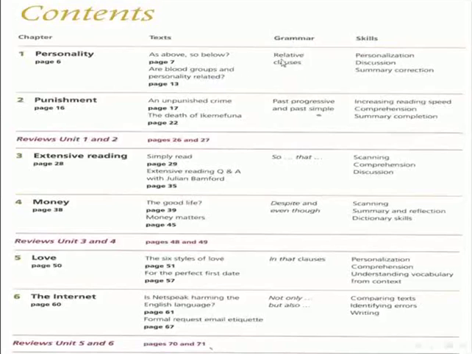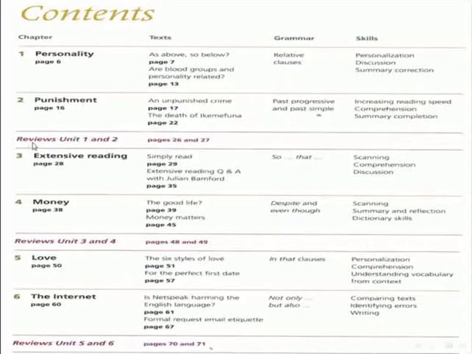Grammar, for example, for Unit 1, relative clauses, skills, personalization, discussion, and summary correction, and so on. Here are the chapters and units, and here are the topics or texts. Here are the grammar topics, and here skills in each topic.